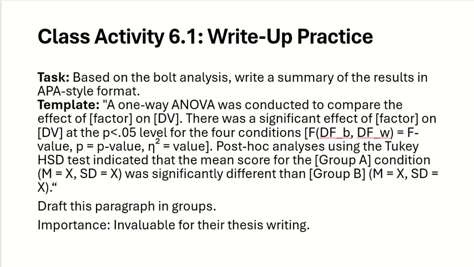DF between is 3, because of the bolt type, and then the within is 76. Now, by the way, this is not the number of samples. This is number of groups minus 1, and the number of samples minus 4, because 1 from each group.